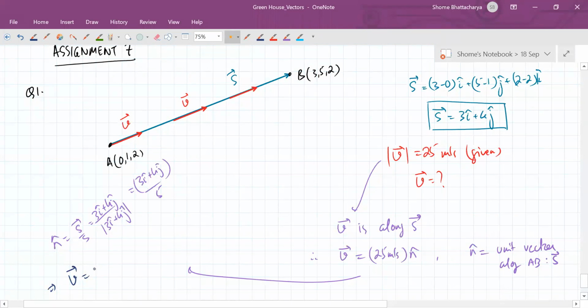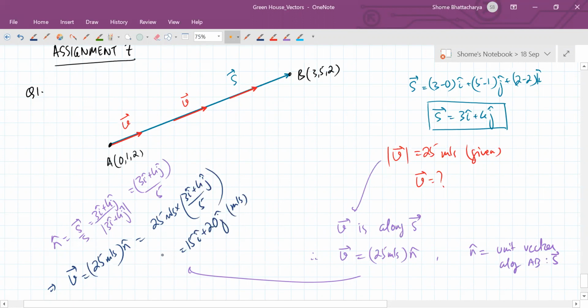So now my velocity vector is the speed multiplied by that unit vector. So it is, okay, 15 i cap plus 20 j cap, where the components are in meters per second.